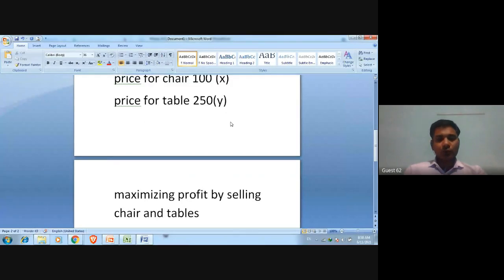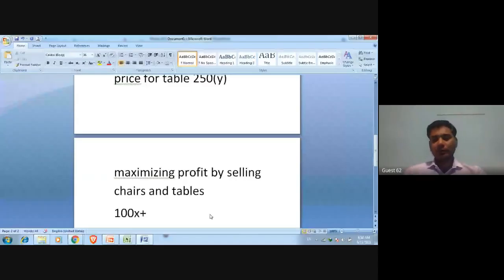So how can this statement be written in mathematical form? It can be written as 100x plus 250y, and we are maximizing profit, so max P, where P is your profit.